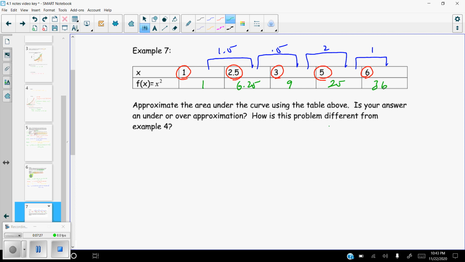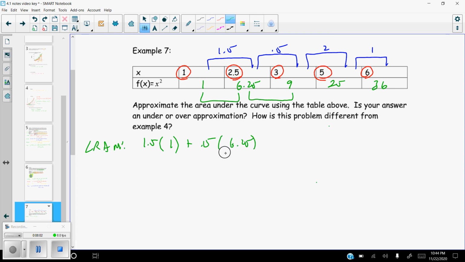So let's go ahead and do our left-hand Riemann approximation. The base of the first rectangle is 1.5. The upper left-hand side is going to be the 1, right? That's the left hand of that rectangle. And then the base of the second rectangle is 0.5, and the upper left-hand part is 6.25.